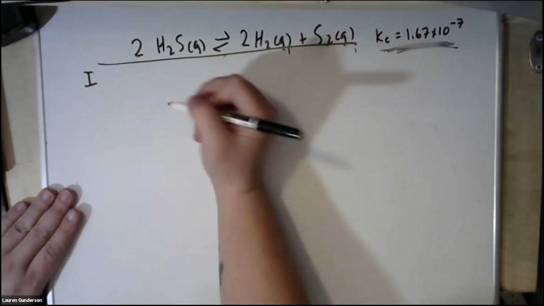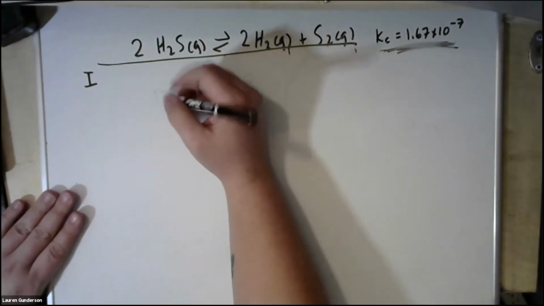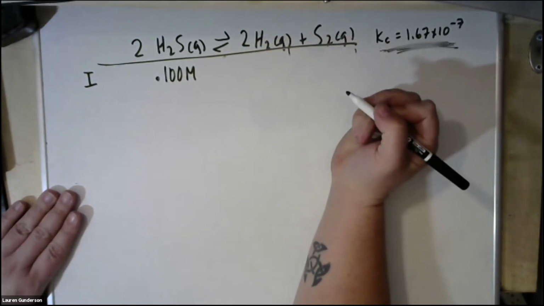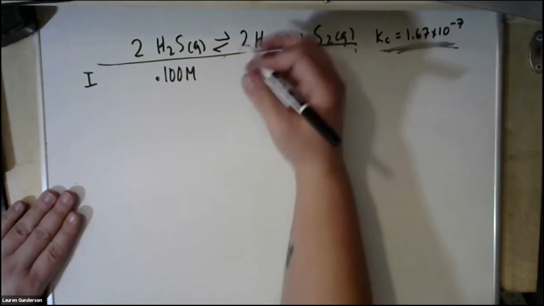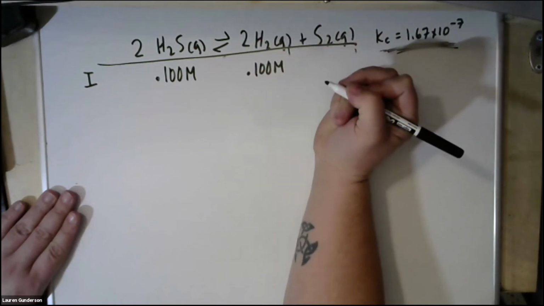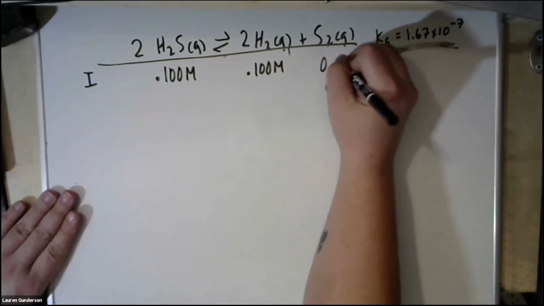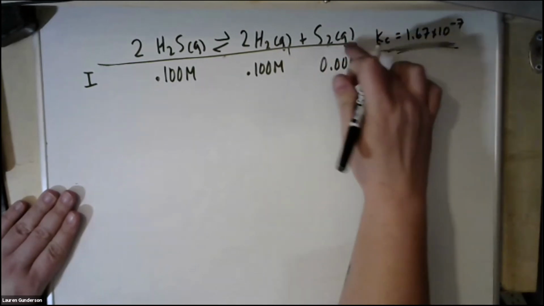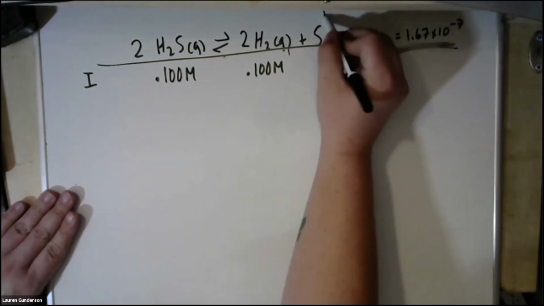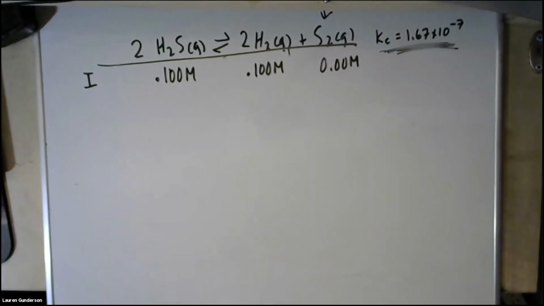Here we're going to have an initial concentration of 0.1 molar H2S, 0.1 molar H2, and we'll have no S2. Okay, and we're going to find the equilibrium concentration of the sulfur gas in particular.